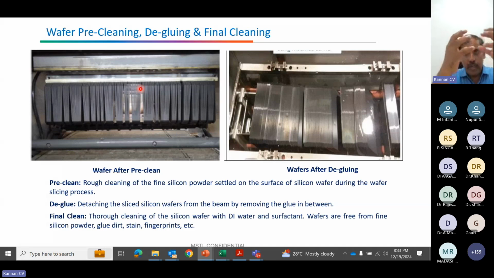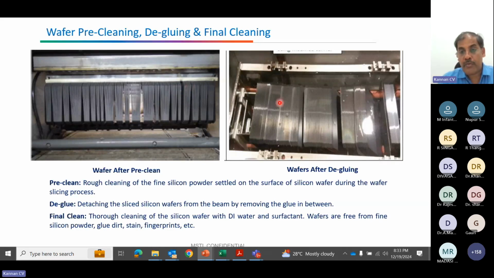Then you have to take out the wafers very gently, slowly, then put them into water with bubbling, so you can separate out each individual wafer.